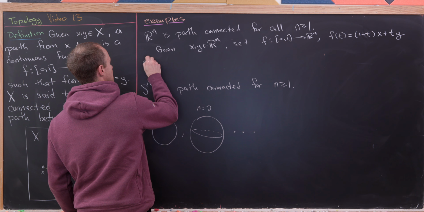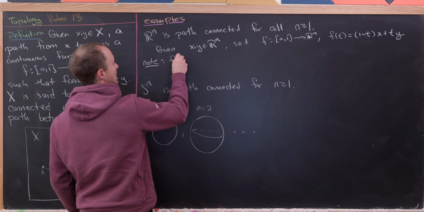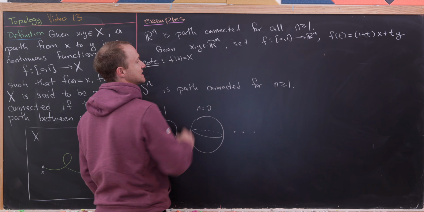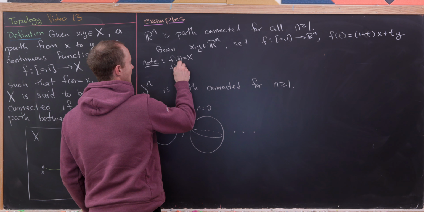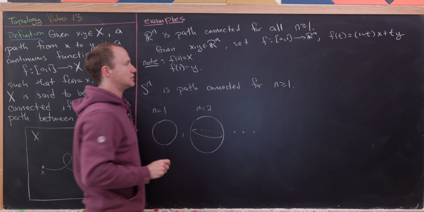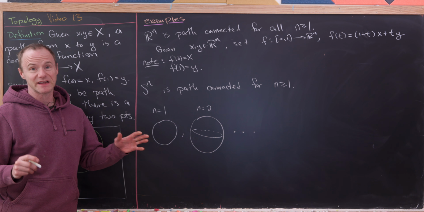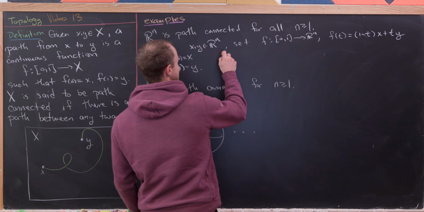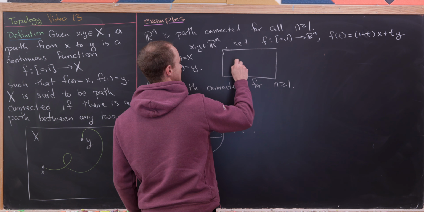And now, let's note that f of 0 is pretty clearly equal to x because it zeroes out that y component, if you will. And we have f of 1 is equal to y. And also, this function is, I think, pretty clearly continuous.